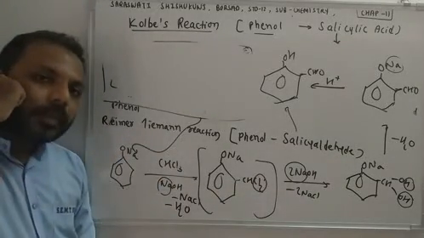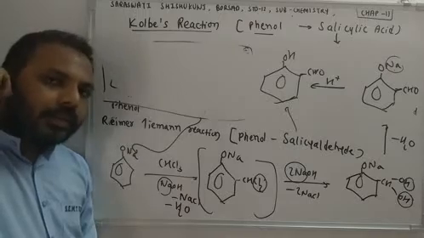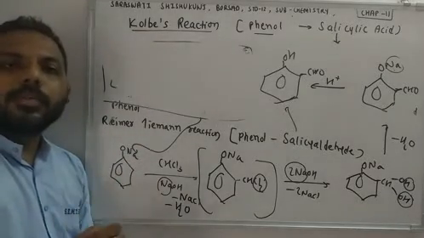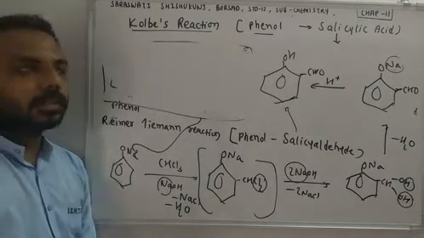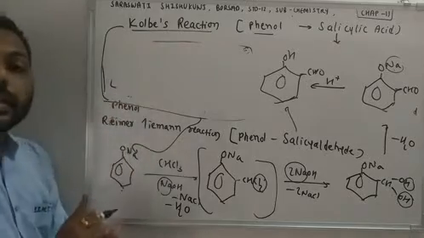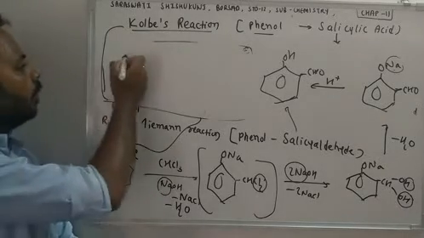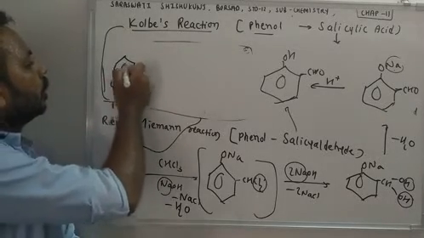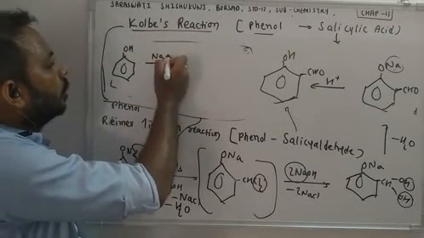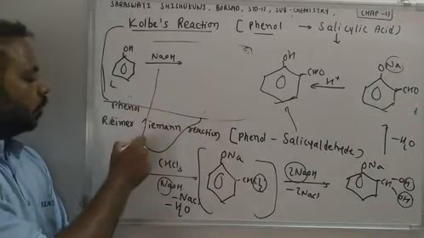Now, for memorizing these reactions, like Kolbe's reaction and the Reimer-Tiemann reaction, the initial step is the reaction of phenol with NaOH to form sodium phenoxide.